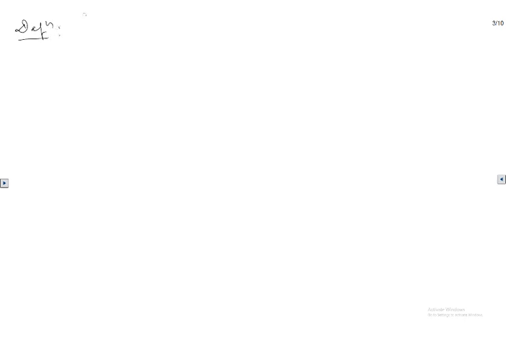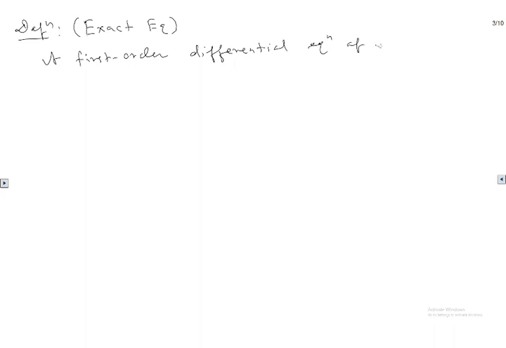So the definition: exact equation. A first order differential equation of the form, so we can write M here.